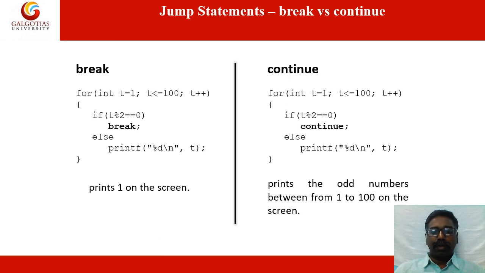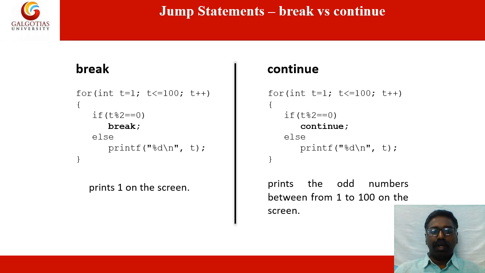And there is another good program given here to discuss the difference between break and continue. The same set of code is given here to understand the concept. The only difference is that here inside the if statement we have break, and here inside the if statement we have continue. The rest of the things are common. But see the output. What will be the output in the break statement?